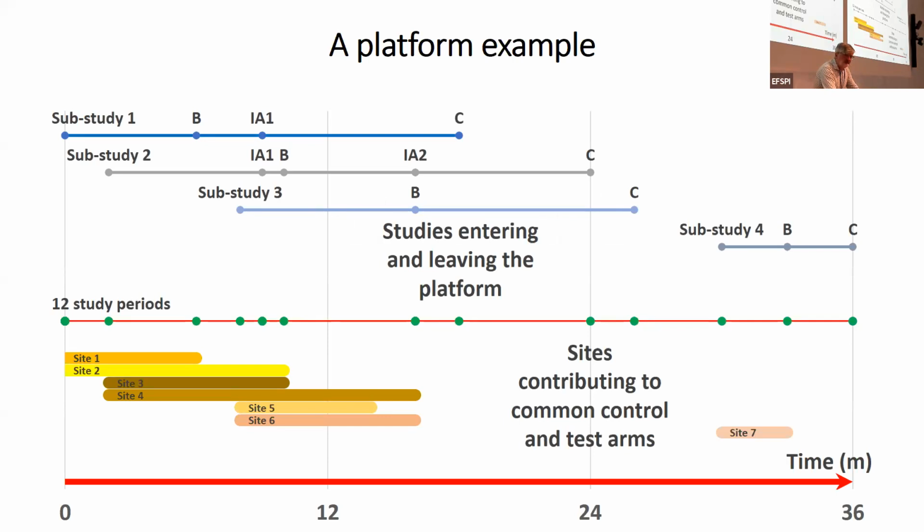Here, that's a bit what we had in COVID-19. What I want to show here, going very fast, is that at week 12 you've got 3 studies, and you've got 3 sites participating, but those sites participate in different studies.